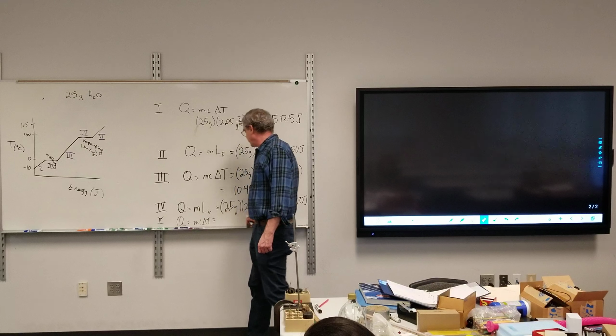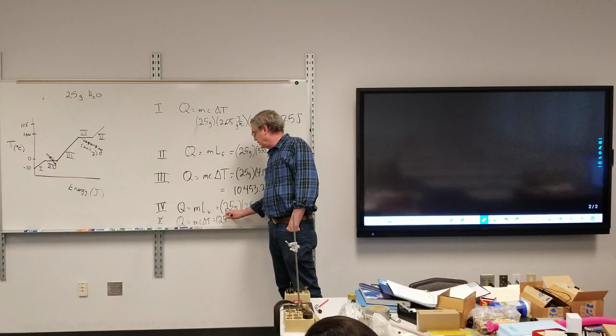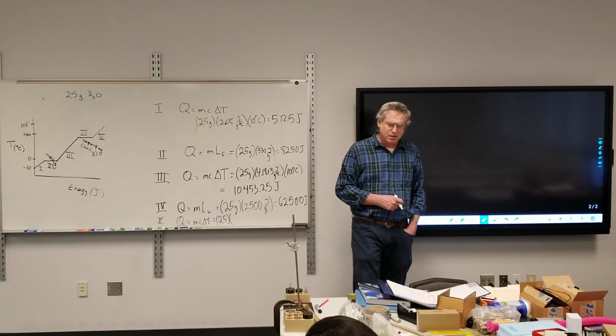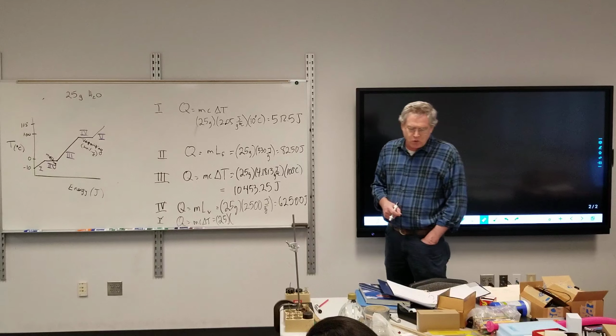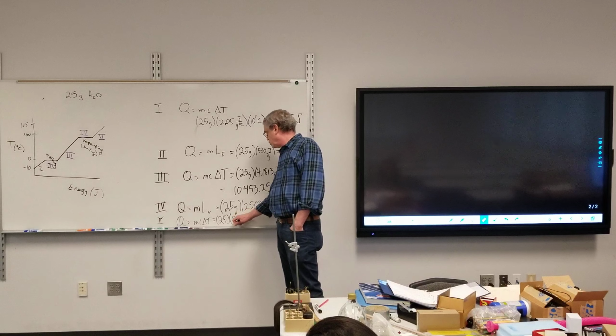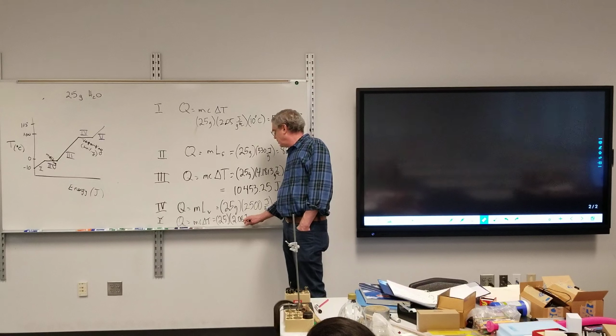And of course, I left myself an incredible amount of space there. So it's going to be 25 grams. I'll drop units because of space. Specific heat of steam is 2.08, very close to that of ice. 2.08 joules per gram degrees Celsius.